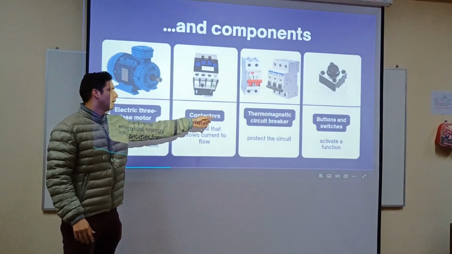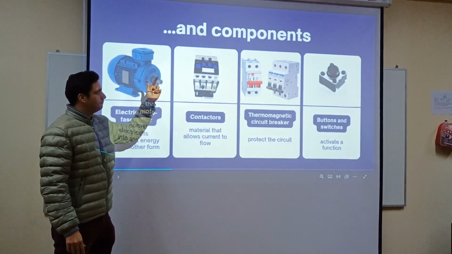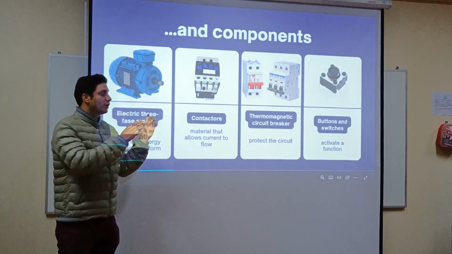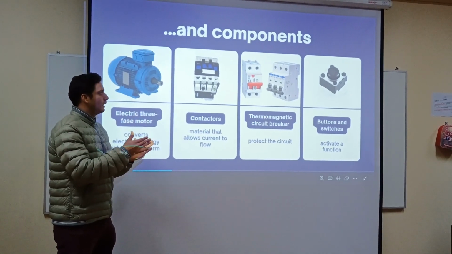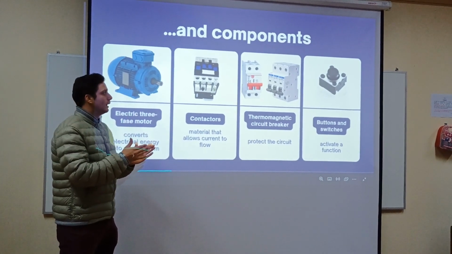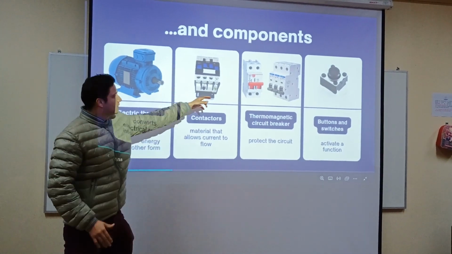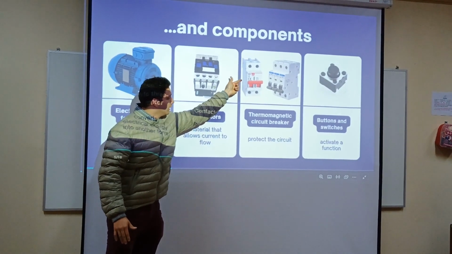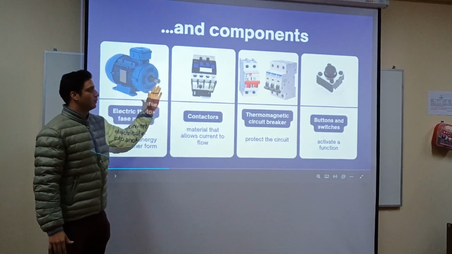Also, we have the thermomagnetic circuit breaker, which is basically to avoid damage to the rest of the circuit. For example, if there is an overload in the input of the current, these breakers will trip and protect the rest of the circuit.